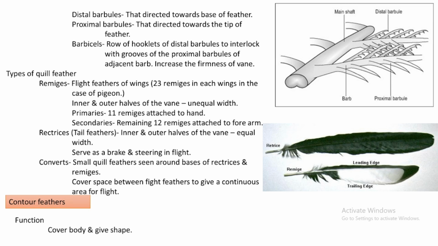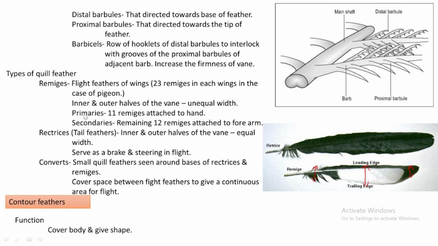In this picture, you can see this is a remex. The inner half and outer half differ in width. Here only this much width is there, but coming to here, this much width. That's why the inner and outer halves of the vane are of unequal width.